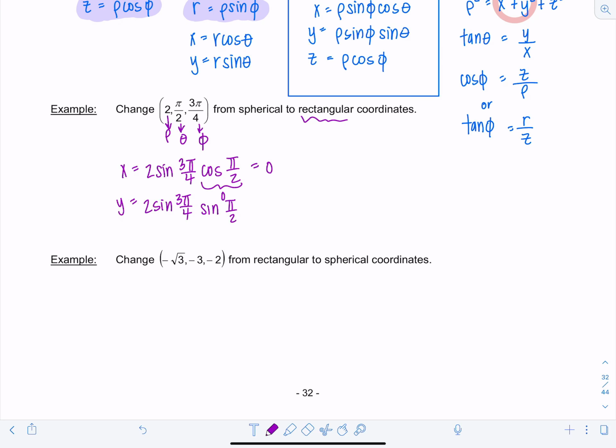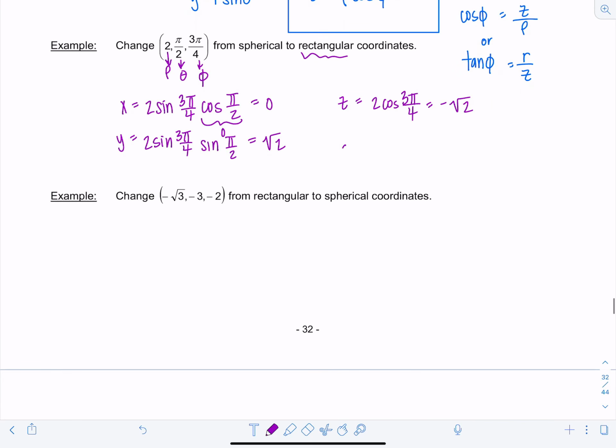Well, sine of π/2 is just 1, and sine of 3π/4 is √2/2, times 2 gives me √2. And then z is going to be 2 cosine 3π/4, which gives me 2 times negative √2/2, so just negative √2. So in rectangular coordinates, this point is (0, √2, −√2).